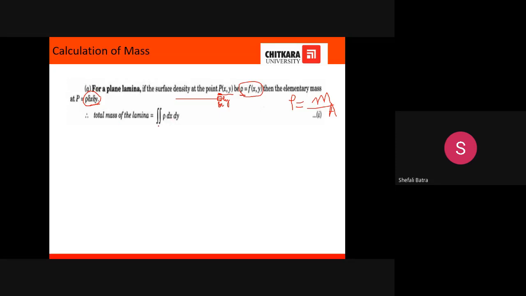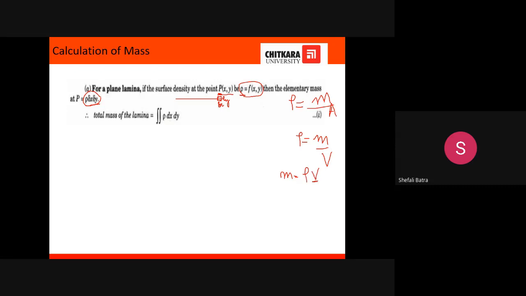So formula would be double integration rho dx dy in two dimension. Similarly, if I'm talking about any solid, so you will be telling me density is equal to mass per unit volume, right? Mass per volume. So again, formula would be rho into V.